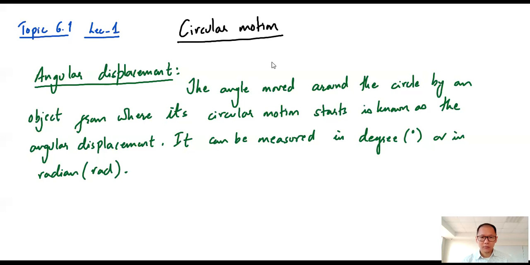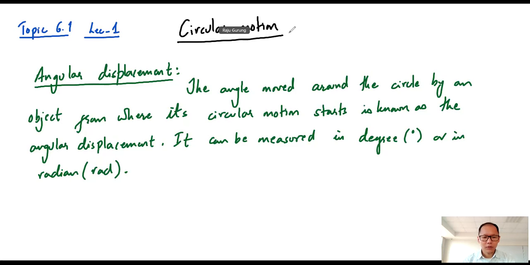The measure of that angle covered is the angular displacement. The angle moved around the circle by an object from where its circular motion starts is known as the angular displacement. It can be measured in degrees or in radians. So this is pretty clear.